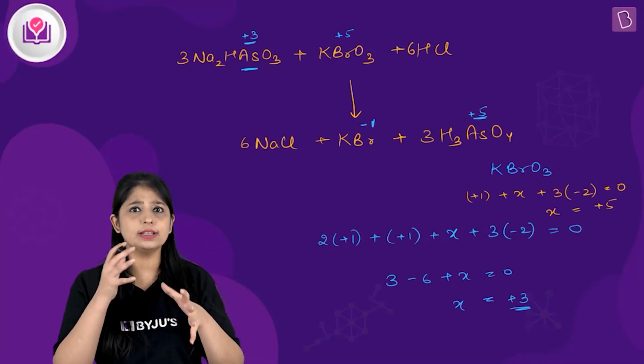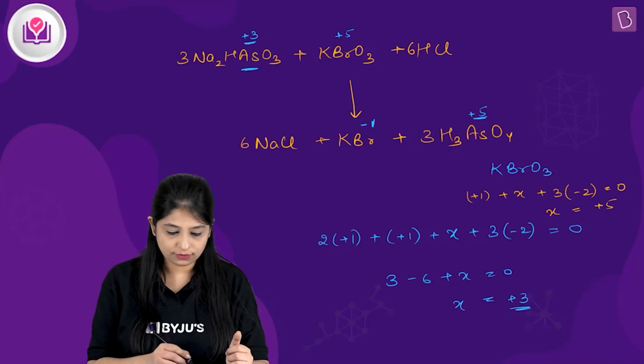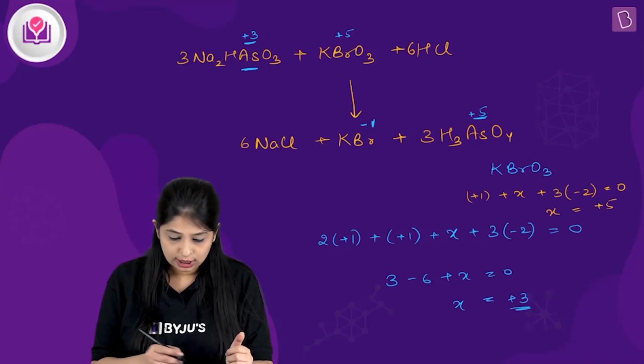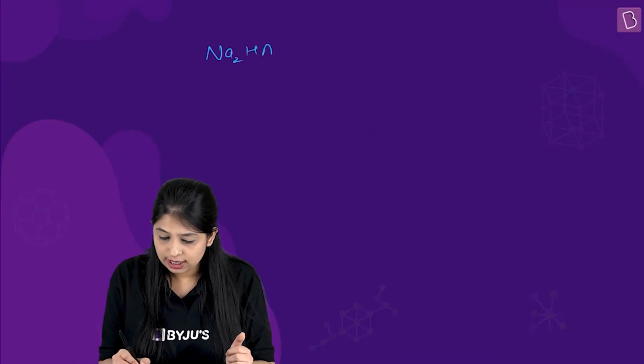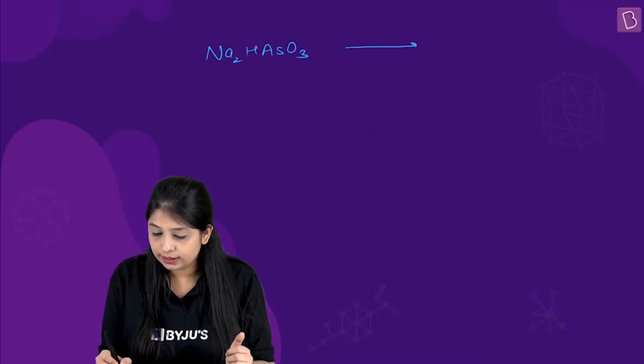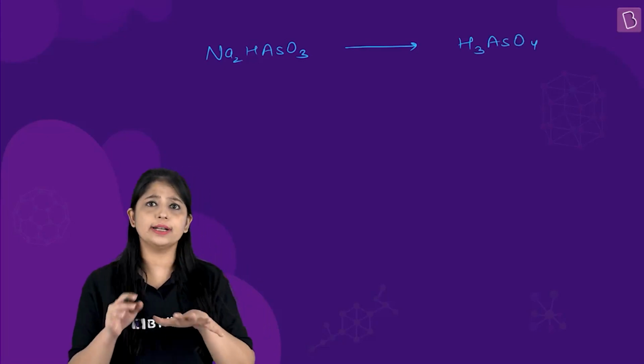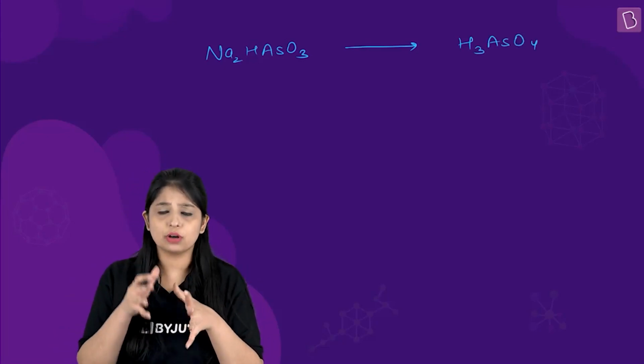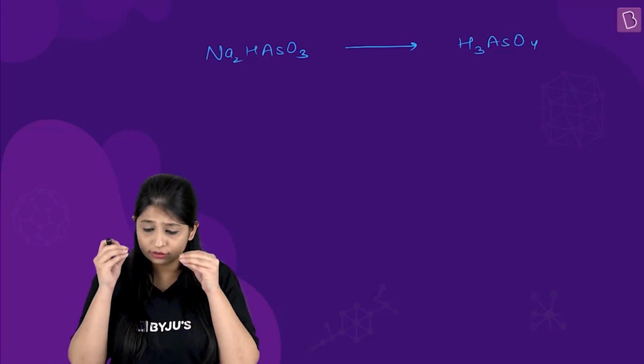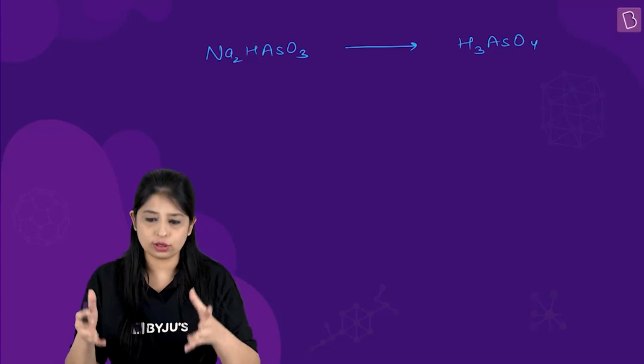So let's find out the reduction half and the oxidation half. We can say that Na2HAsO3 is going to H3AsO4. I'm not writing the stoichiometric coefficients here, just seeing the change in the oxidation state.